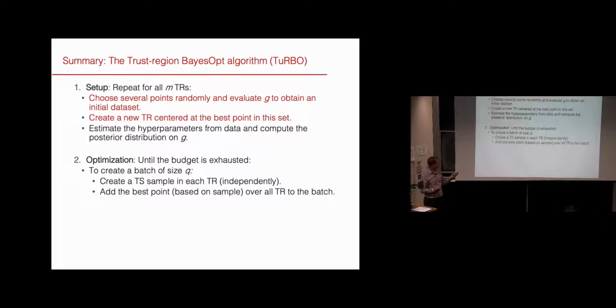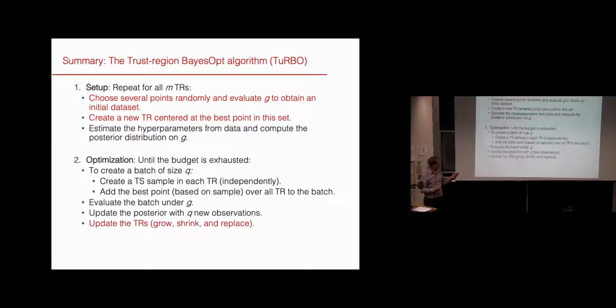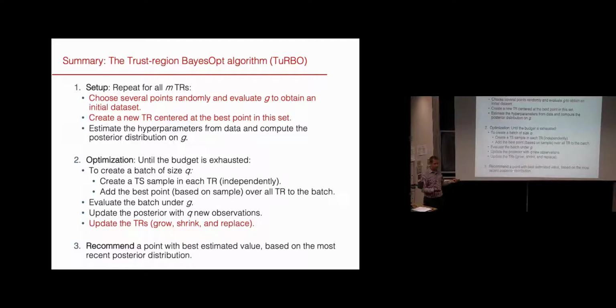And we iterate this a few times, and then we evaluate the batch, we update the posterior with the new observations, we update our GP models, and then we update the trust regions, meaning we grow trust regions that performed well, we shrink those who underperformed, and we replace those that have for a long time failed to produce anything useful. And we repeat this process, and in the end, we recommend the best point as usual. Okay?